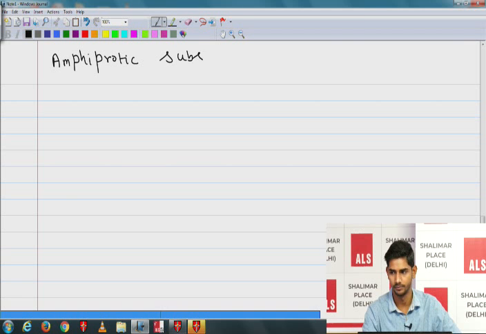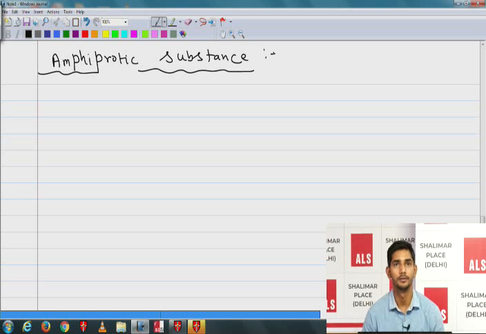Next is amphiprotic substance. Amphiprotic means, guys, those substances which can accept H plus as well as donate H plus. They have the capability of accepting as well as donating H plus ions.